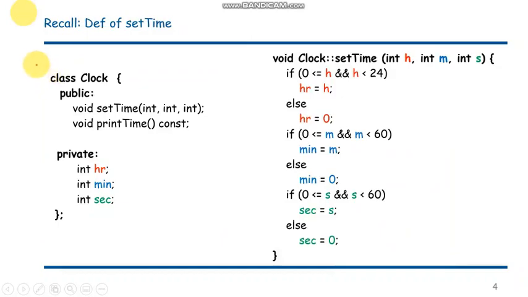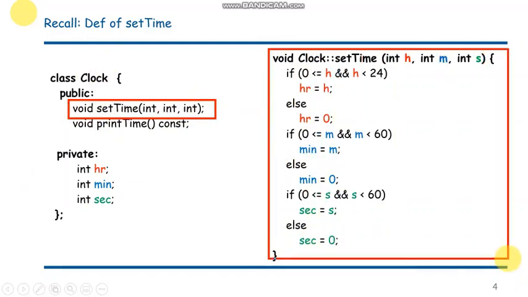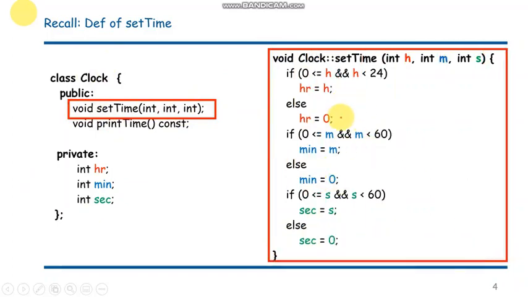You can then see that in the clock, we did not provide the code for set time, this function. What we have here is just a prototype. The code was then written outside class clock.